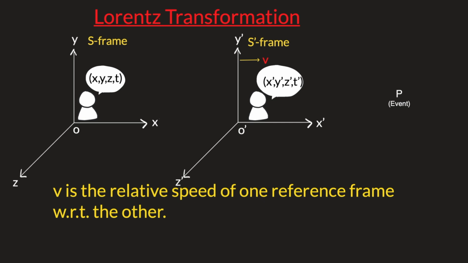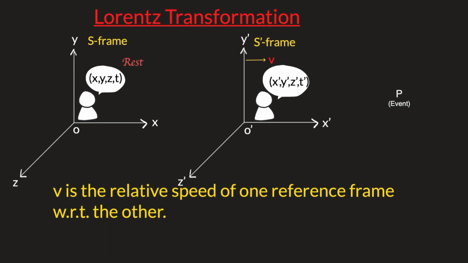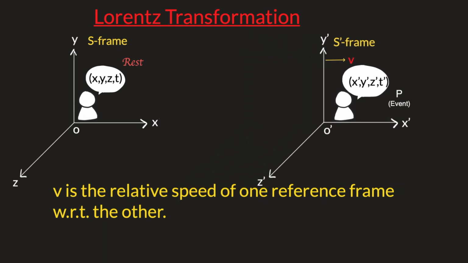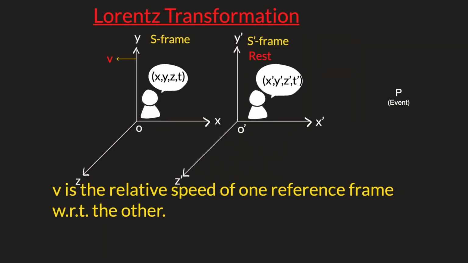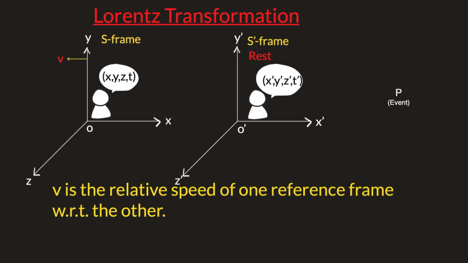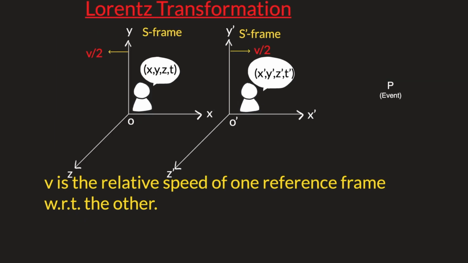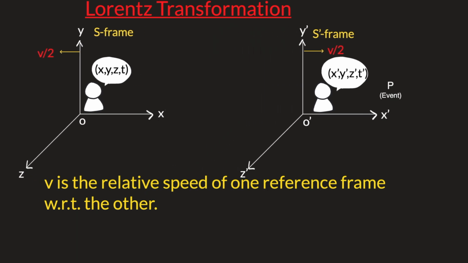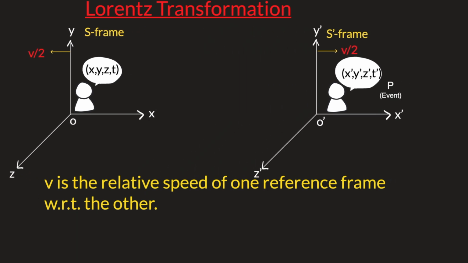It can be either way, like S frame could be at rest and S dash frame could be moving in the right direction with constant speed v, or S dash frame at rest and S frame moving towards left with constant speed v, or equivalently both the frames are moving in opposite directions with speed v by 2. So in all these cases, what matters is the relative speed between the frames, which is v in all cases, and this v is represented in the formula.